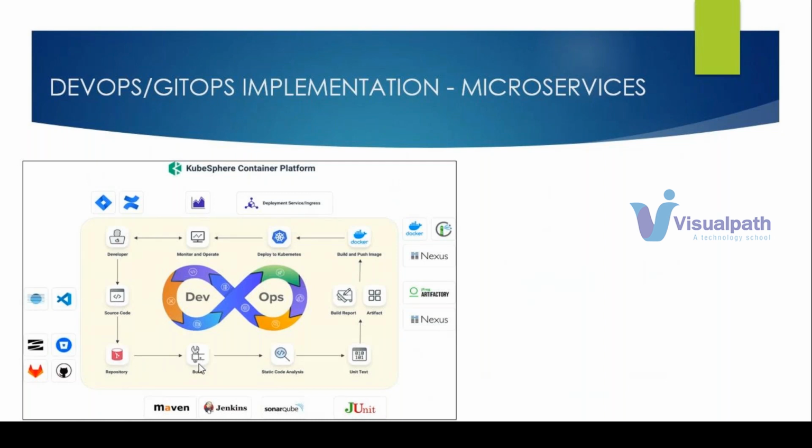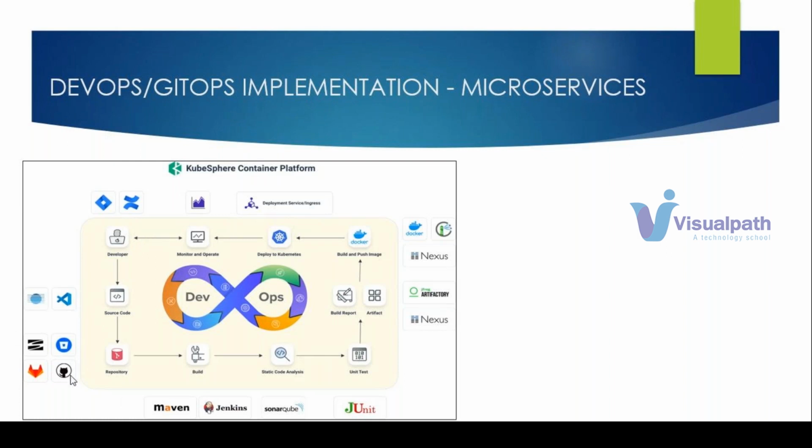Then it creates the build, does static code analysis, runs the unit tests, creates the build report, and does the package creation. For containers, we need to create the artifact in the form of an image and push it to the Docker registry. Then during the deployment process, it deploys to the container on Kubernetes, and post deployment it is monitored and operated, with developers, operations and sysadmins all collaborating to manage these operations.